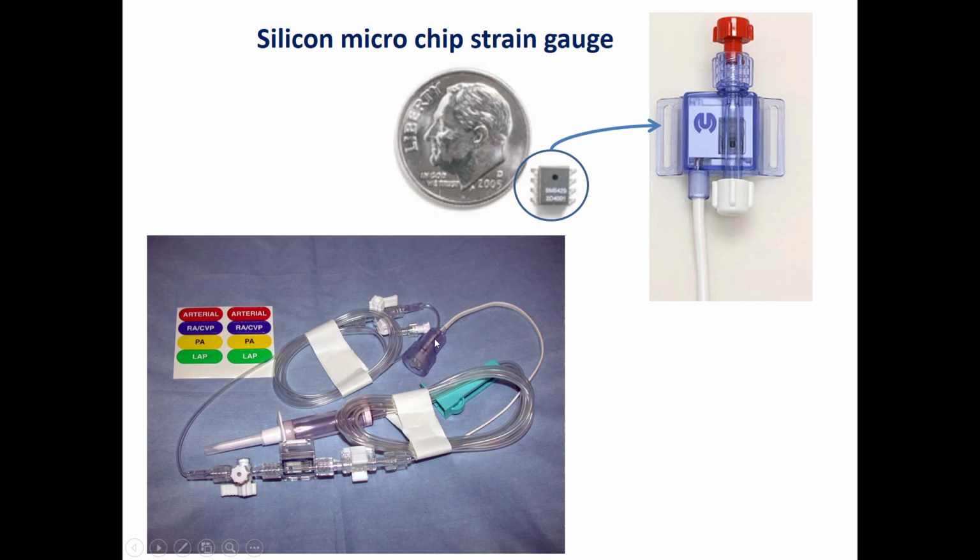This part here is the connector which is attached to the patient monitor, and this is the sensor here. As we said, this sensor is a Wheatstone bridge made up of 4 strain gauges. As we can see, it's a very small sensor.